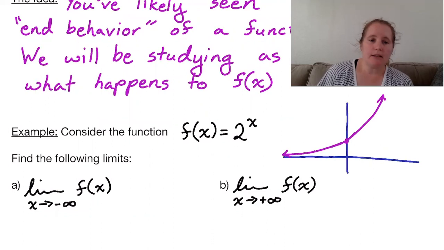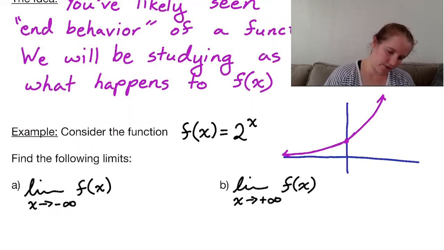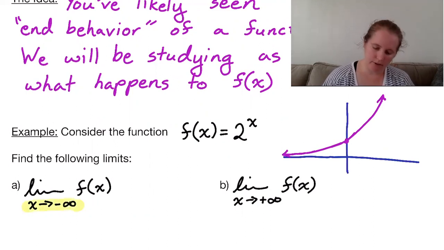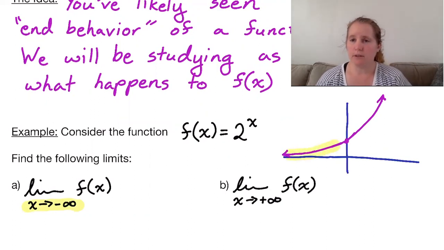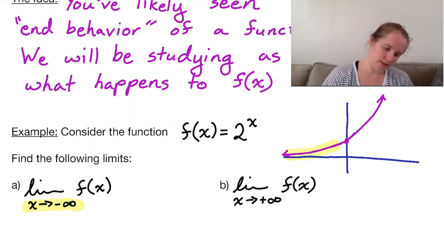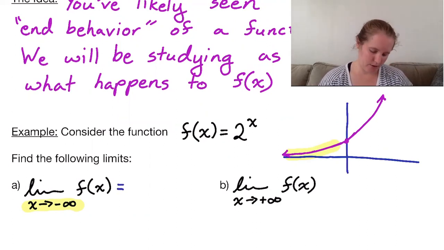So in this case, what's happening, if we trace that graph, as x goes to negative infinity, as we head our way to the left side of the number line, our graph is getting closer and closer to y equals 0, but never actually touches. But it certainly looks like our graph is essentially heading towards 0.